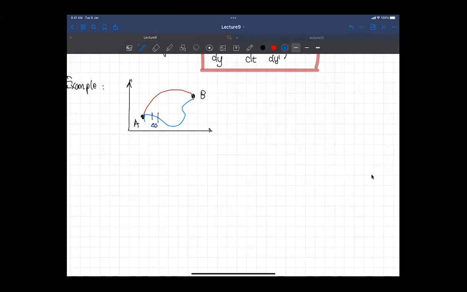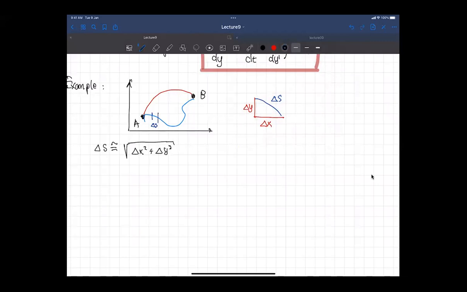If you look at Y and X, you have delta X and delta Y to represent delta S. And delta S here is approximately the square root of delta X squared plus delta Y squared.